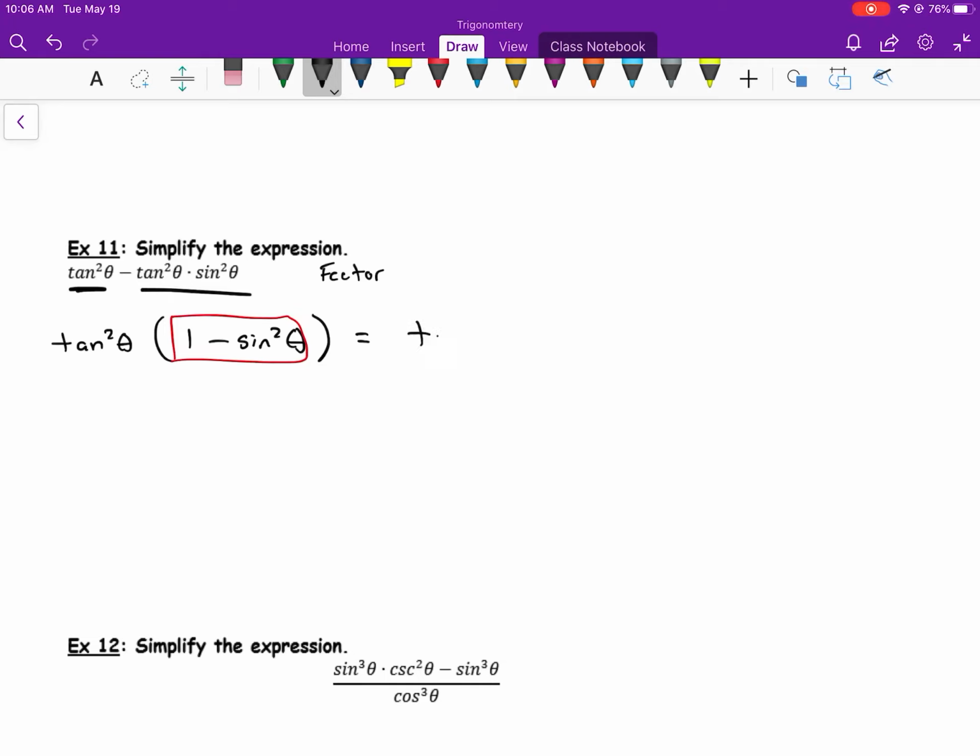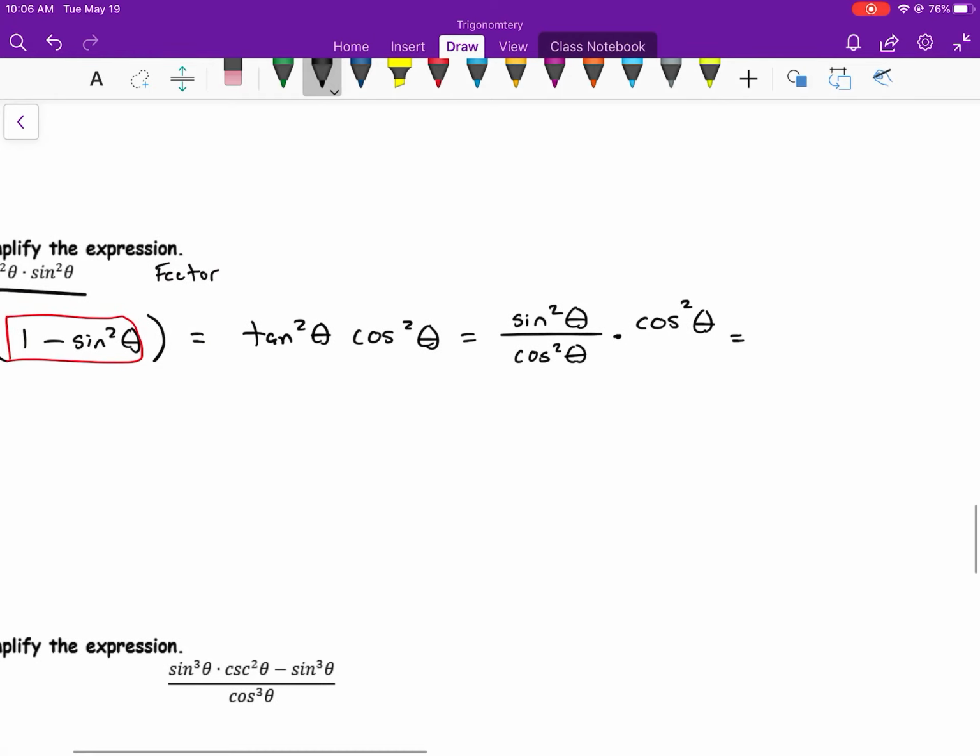So if you look at notes above, we know this becomes cosine. So tangent squared theta times cosine squared theta. And then this becomes sine squared theta over cosine squared theta. That's tangent times cosine squared theta. Boop, boop. Cancels out. Sine squared of theta.